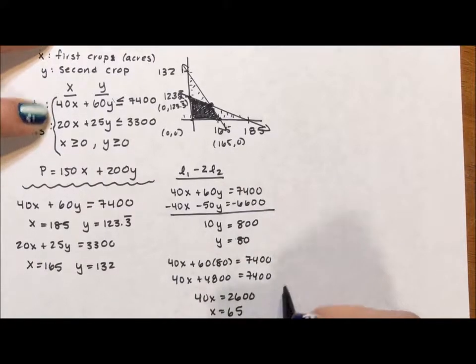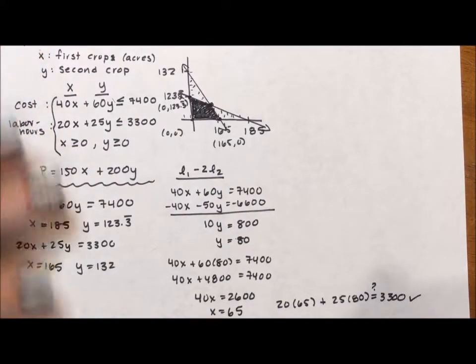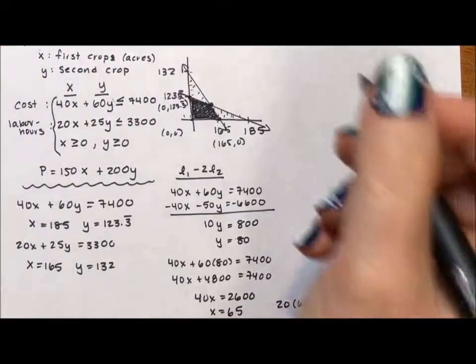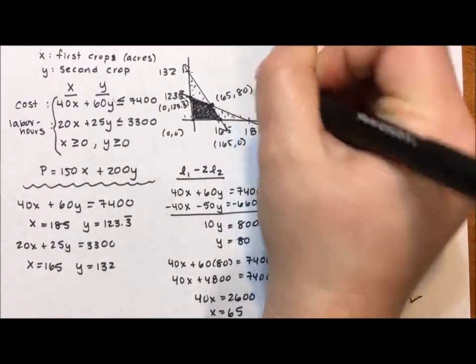I quickly test it out. The second one is 20 times 65 plus 25 times 80, really equal to 3,300. It works, so I'm good to go. So my last corner is 65, 80.